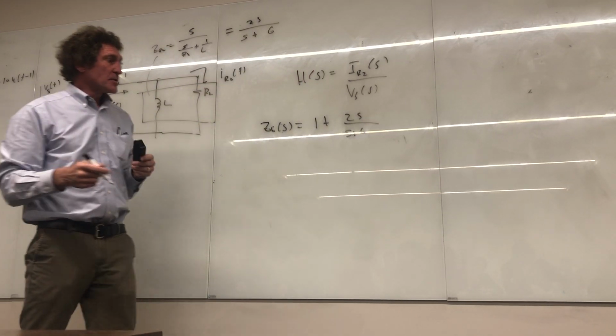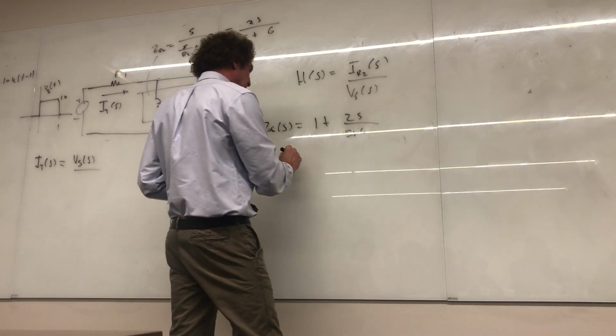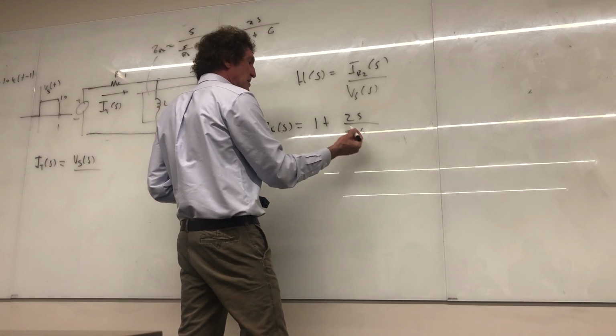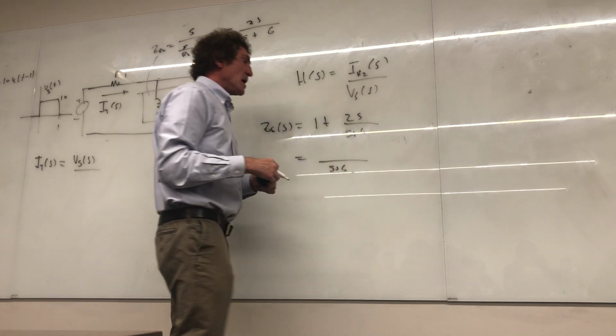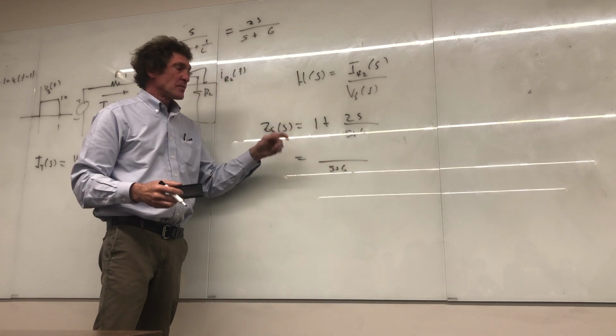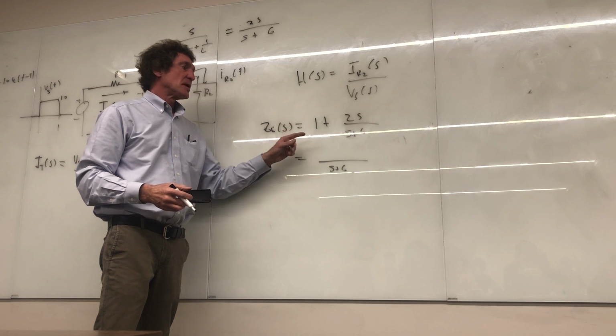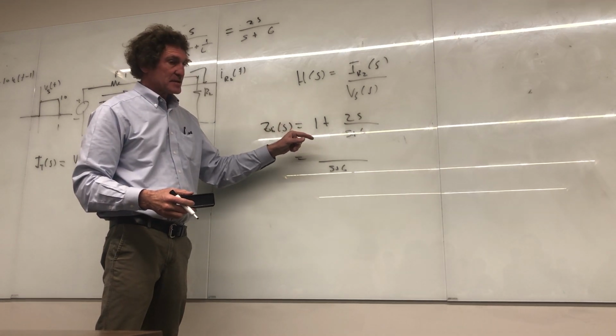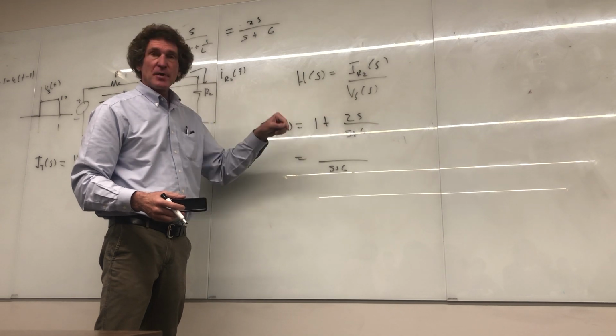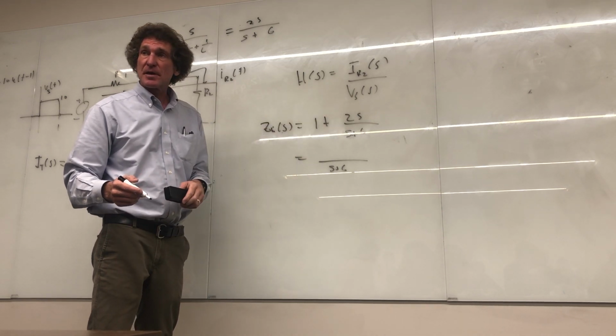And if you want, you can do this to make it nice and easy. I want a common denominator of S plus 6, so I'll multiply top and bottom here by S plus 6 over S plus 6. So I have S plus 6, plus 2S is 3S plus 6. Do you agree with that?